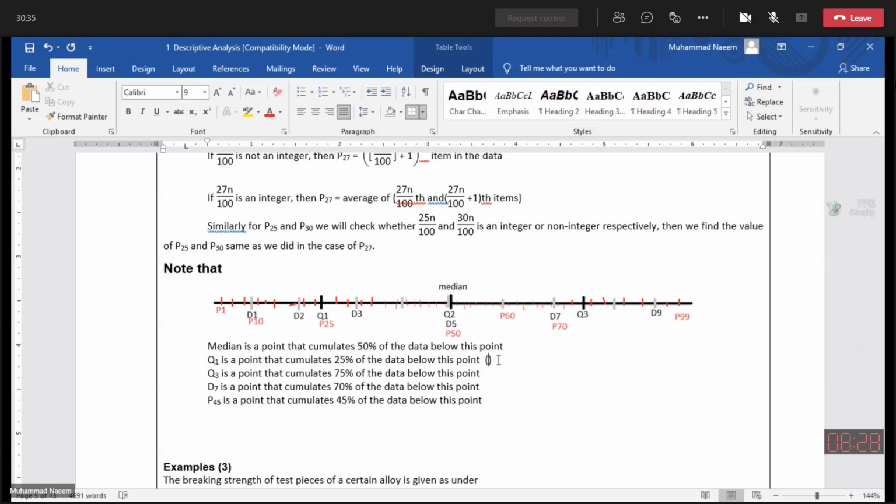That is quarter part, that is n by 4 in this case. This is the ratio, and this ratio is 25%.